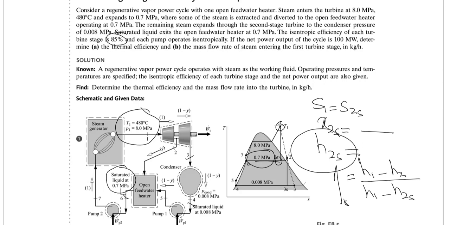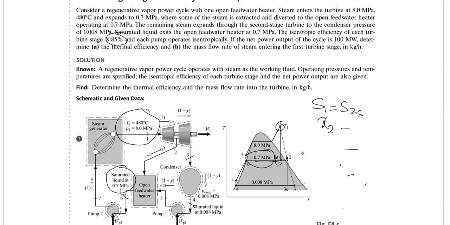In this formula, we have already got the enthalpy H1 and H2s, so we are only left with the enthalpy H2. We have the isentropic efficiency, so we can solve this equation for the enthalpy H2.